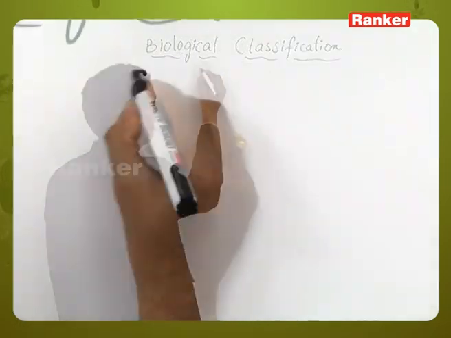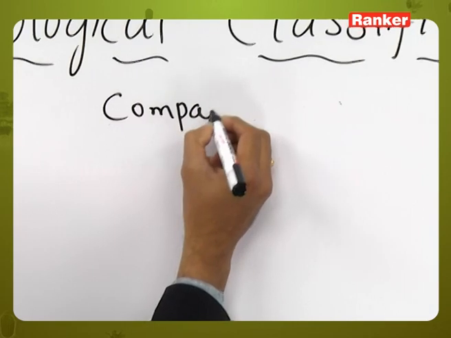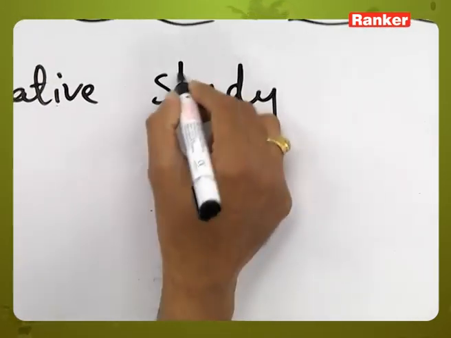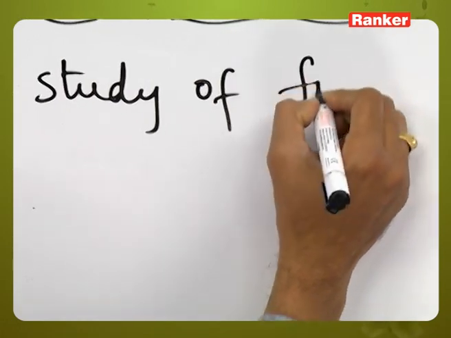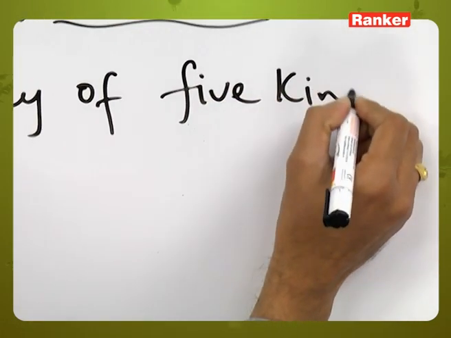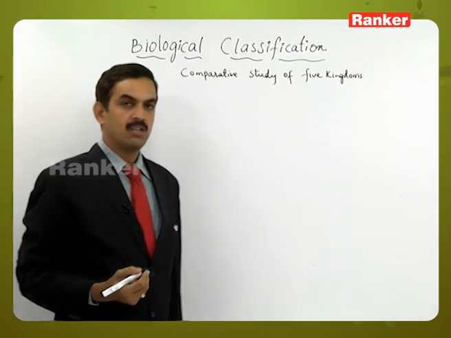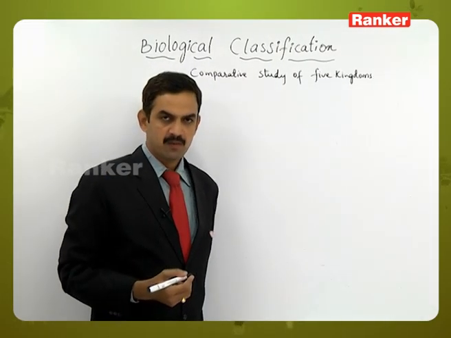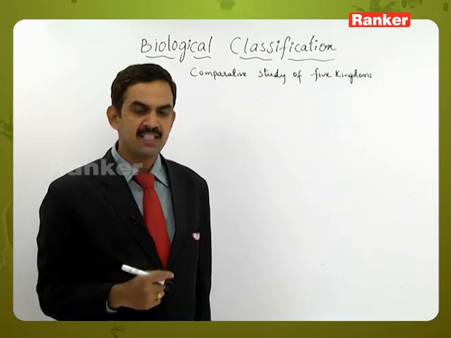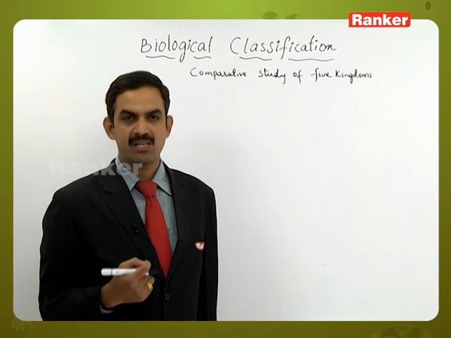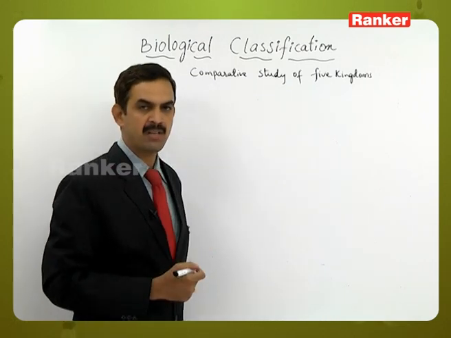Let us see the comparative study of the 5 kingdoms that have been given by the scientist Whittaker. Let us take some characteristic features and see how these 5 kingdoms differ in a particular character, in the form of a table.